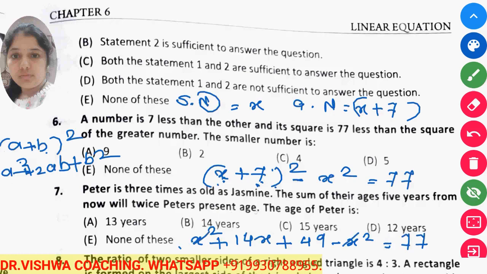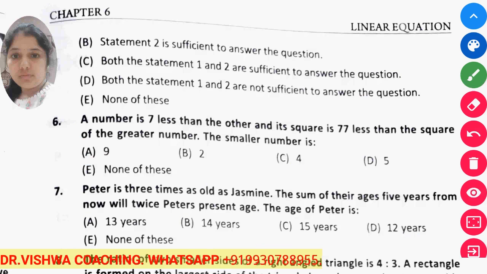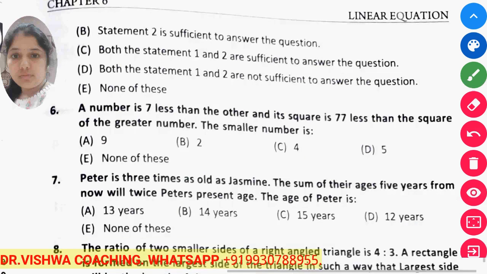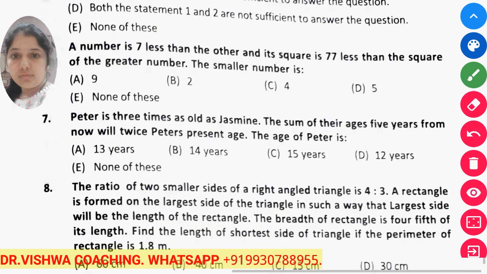Now this x square and x square will get cancelled, and shift the 49 to the right hand side. After subtracting it from 77, you get some value, and then you divide it by 14 so that you will get your answer for variable x as the smaller number. So all the next steps you try at home. Okay, so this problem is for your exam, for homework.